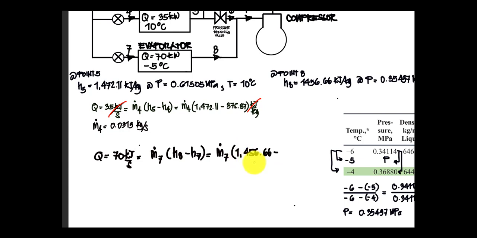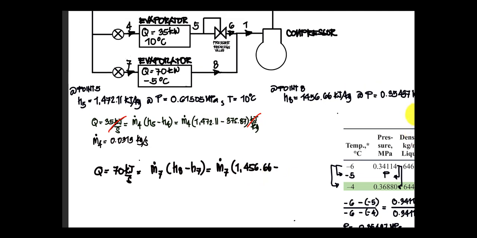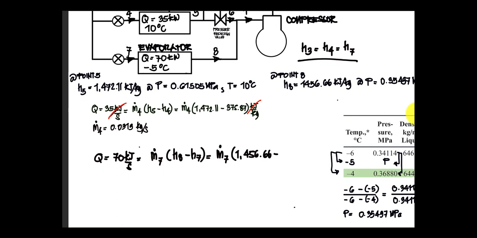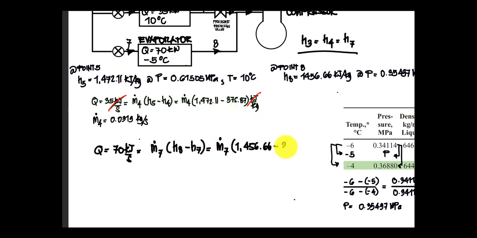Take note that the enthalpy at point 3 is equal to that at point 4, equal to that at point 7. So we have 375.87 with the units of kilojoule per kilogram. Let's cancel the common units here, the kilojoule.